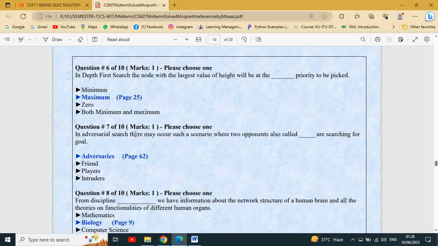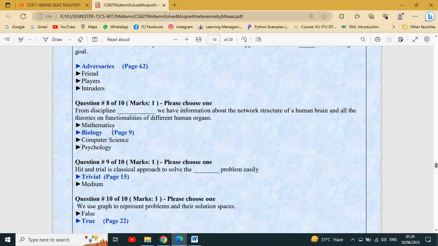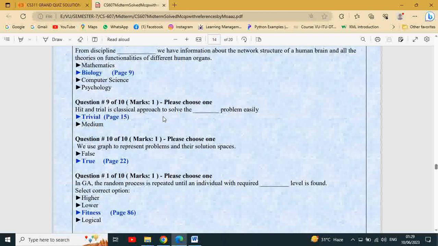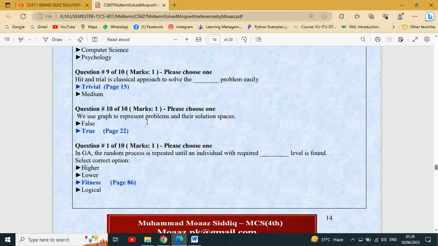In adversarial search, there may occur a scenario where two opponents, also called adversaries, are searching for goals. From the discipline of biology, we have information about the network structure of the human brain and theories of functionality of different human organs. Hit and trial is a classical approach to solve trivial problems. We use graphs to represent problems and their solution spaces too.